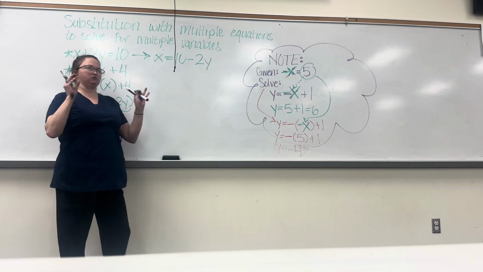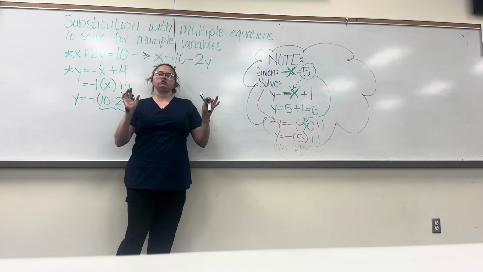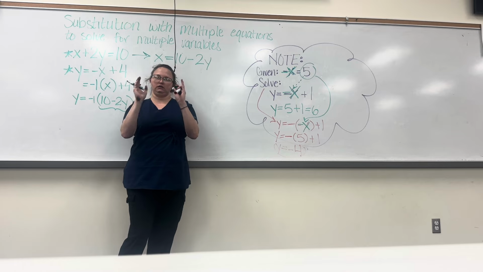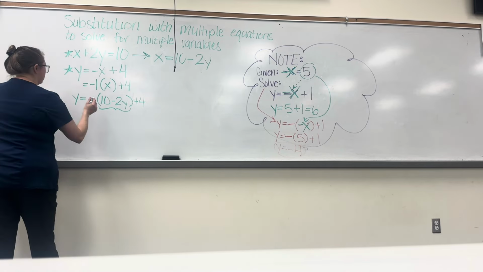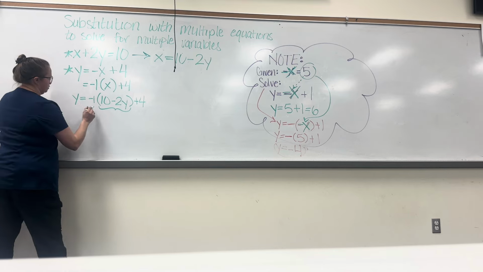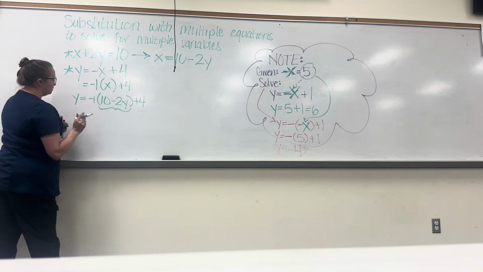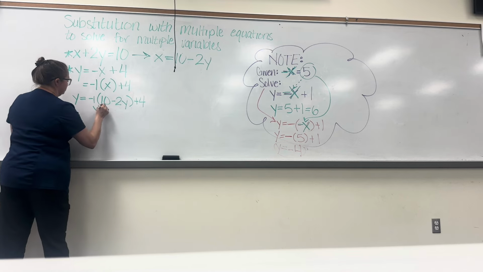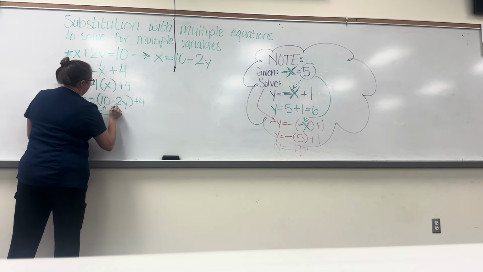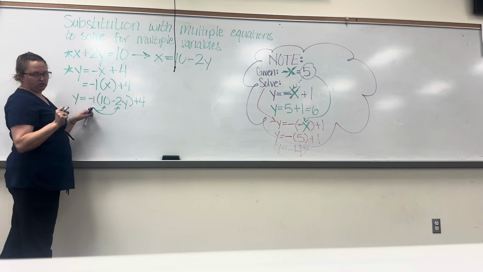What did we say about expression versus equation? Equation is equal to something, you see an equal sign in it, and expression has no equivalent. So we are going to distribute that negative 1 through this expression. So let's do that. And again, distribution is multiplication.